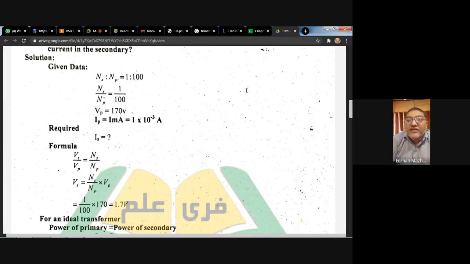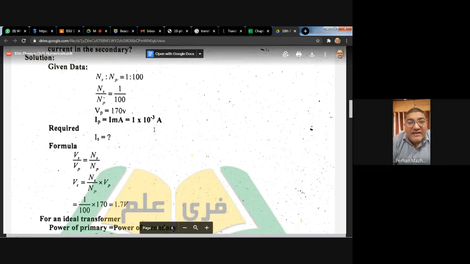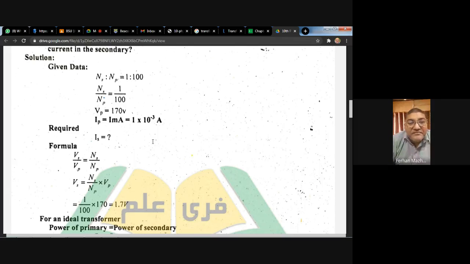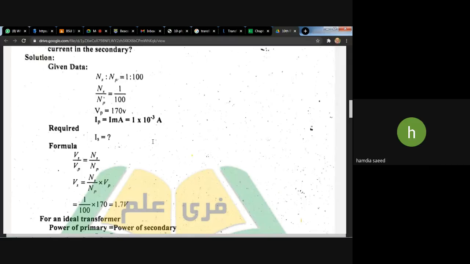Milli means 10 raised to power minus 3. So 1 milliamp means 1 exponent minus 3 ampere. You understand this? Milli means 10 raised to power minus 3.